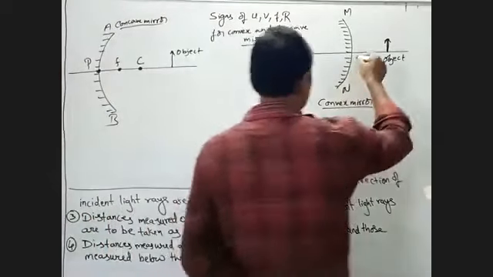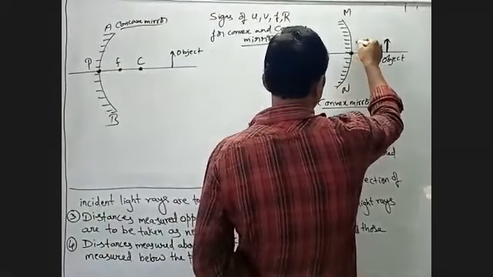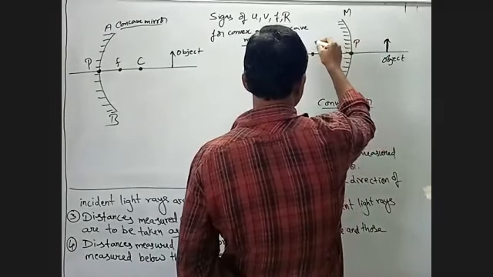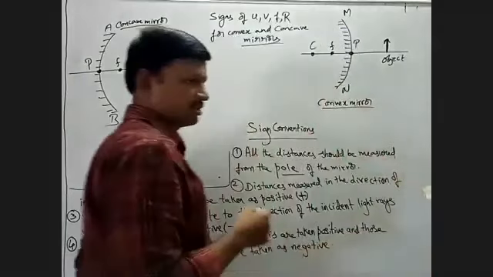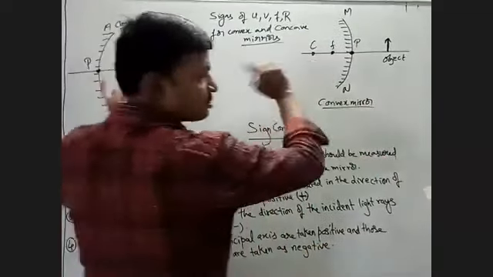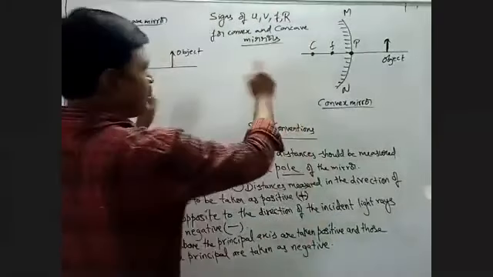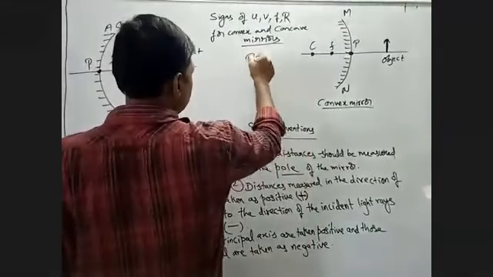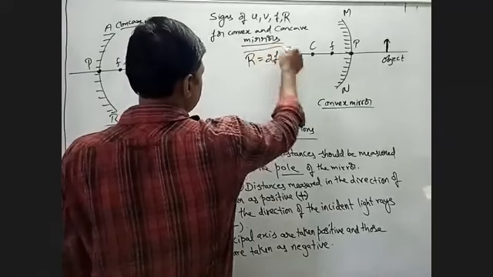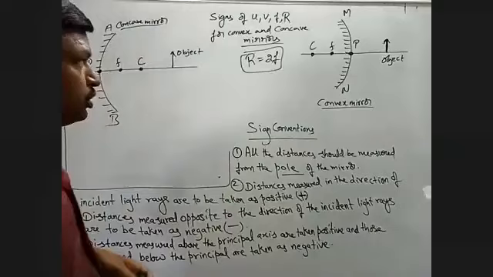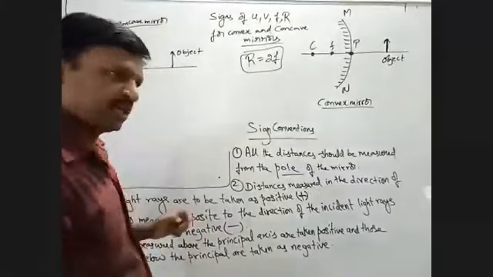Similarly, here also we will have pole, focus, center of curvature. Whether it is convex or concave, R is always equal to 2f. You take any mirror, R equal to 2f for either of the mirrors, right?